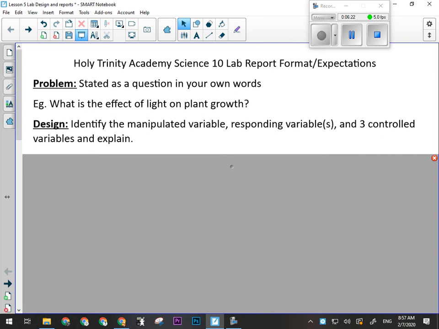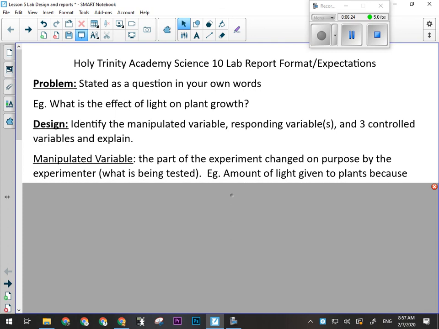All right. So what we're looking at here is what a manipulated variable would look like. It's the part of the experiment that is changed on purpose by the experimenter. That is what's being tested. That's our manipulated variable.